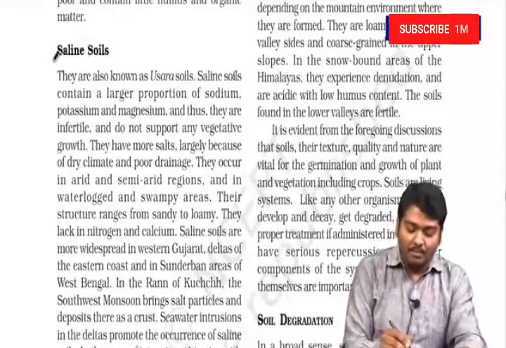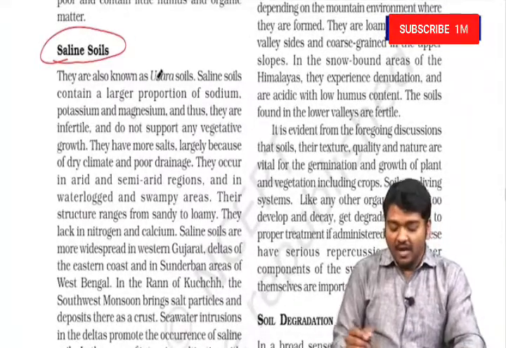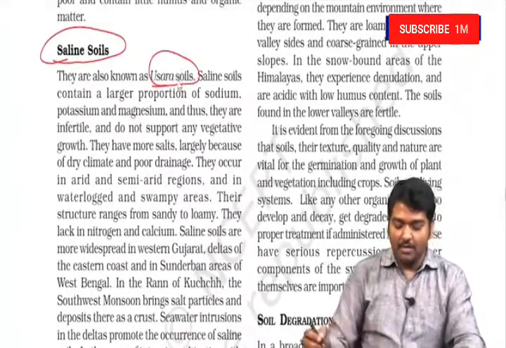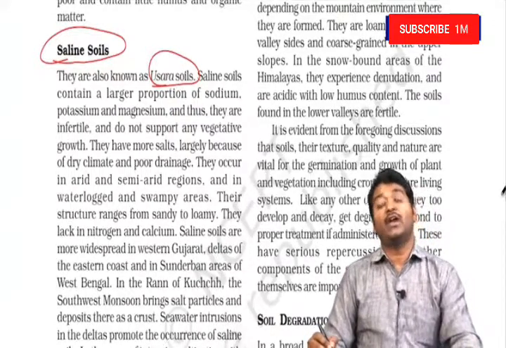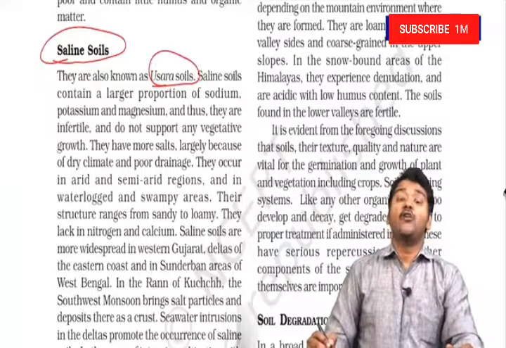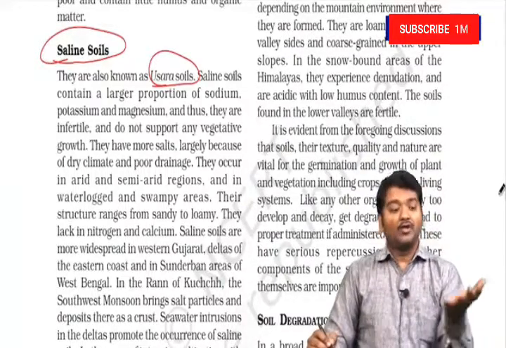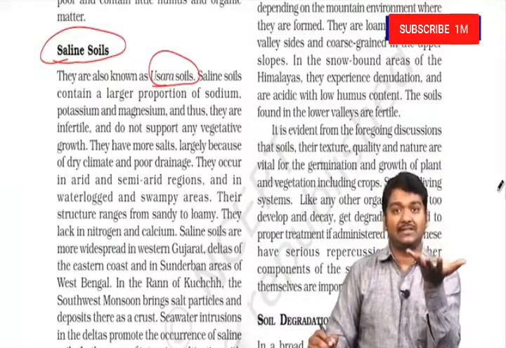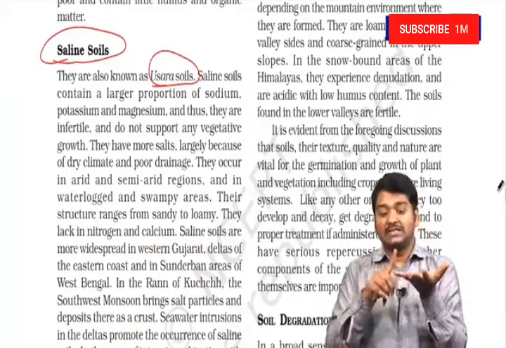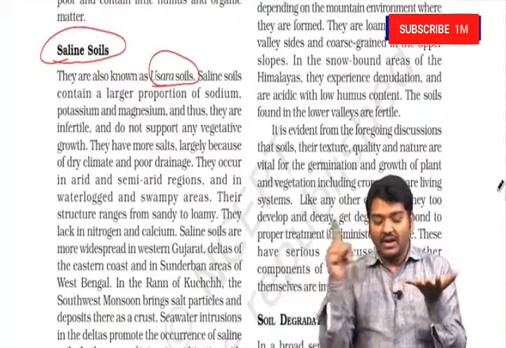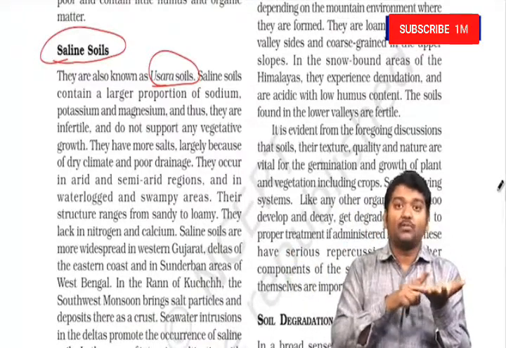Then we talk about saline soils. We call it usar, that is, it is not beneficial at all, especially wherever the sea water enters, tides or waves enter onto the land. Gujarat was once inside the sea, so the salinity of the soil is more. Remember guys, salinity in arid regions is different from salinity in normal soils.